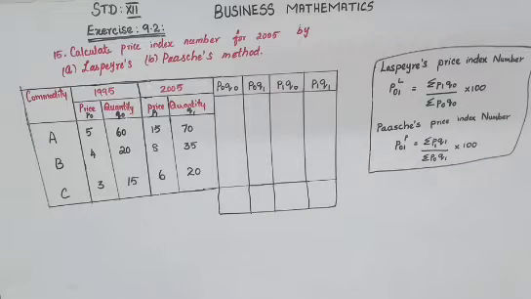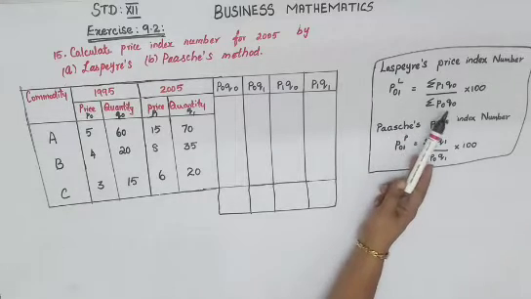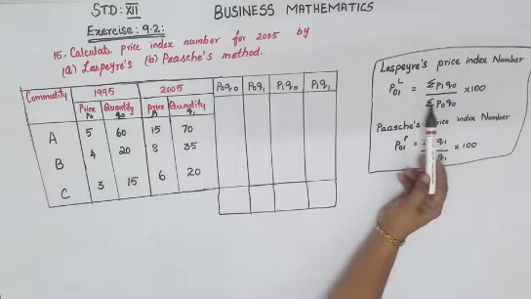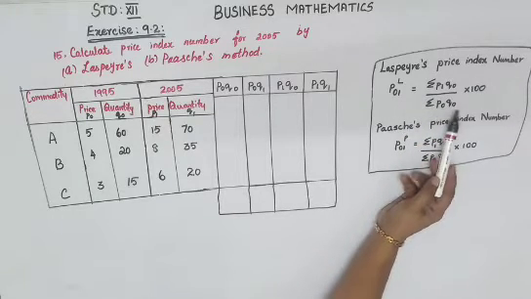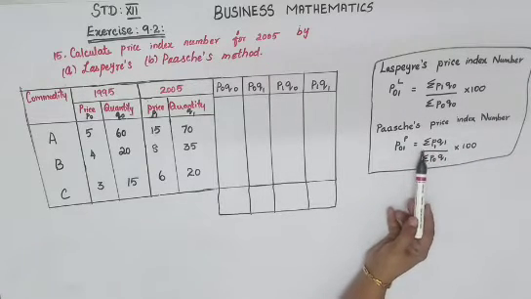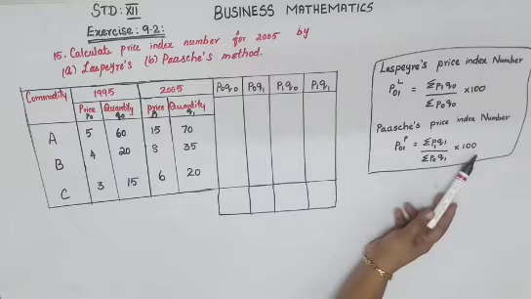15th question: calculate price index number for the year 2005 by Laspeyres method and Paasche's method. So straight away they have given the two methods here. You can go to the formula: Laspeyres price index number is sigma P1 Q0 divided by sigma P0 Q0 into 100, and Paasche's price index number is sigma P1 Q1 divided by sigma P0 Q1 into 100.